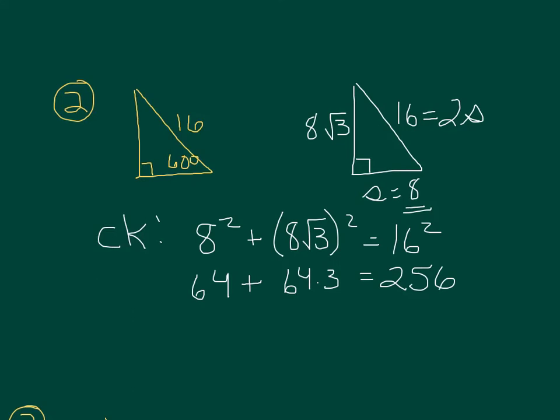So if we do the math, you'll find that 64 times 3 plus 64 is 256, and that does equal 256, obviously. So it does work, and it really is that simple.